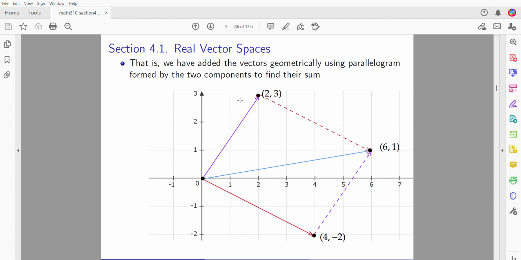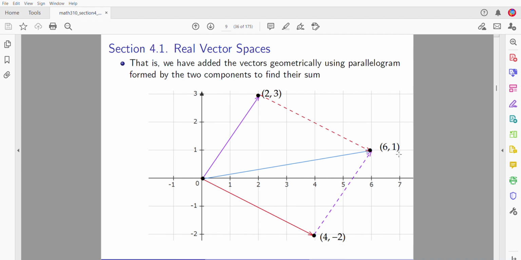Given these two vectors, 4, negative 2 and 2, 3, complete the parallelogram. In other words, draw something parallel to 2, 3 over here. Draw something here parallel to 4, negative 2. So that gives you a parallelogram. The diagonal starting from origin is your resultant vector.